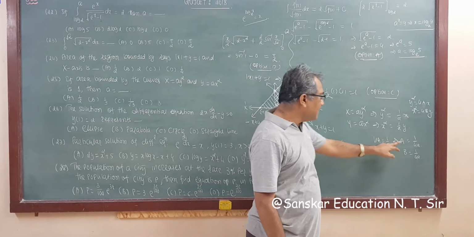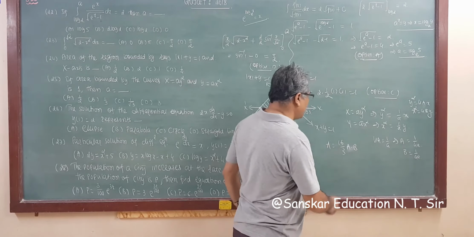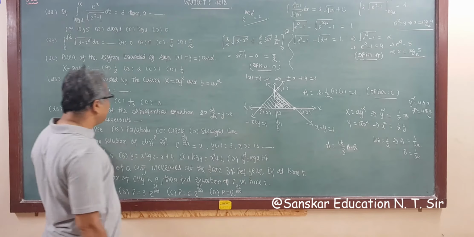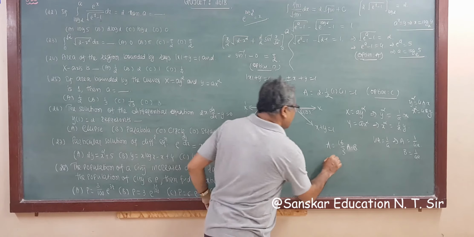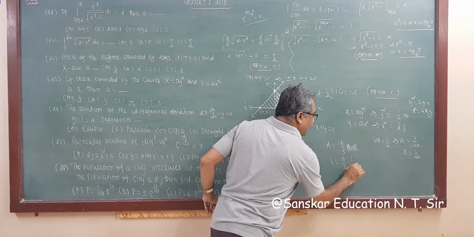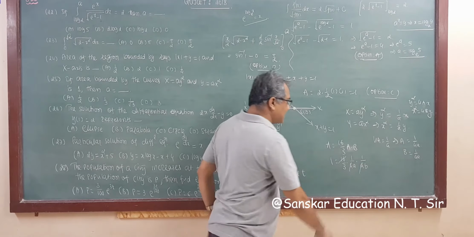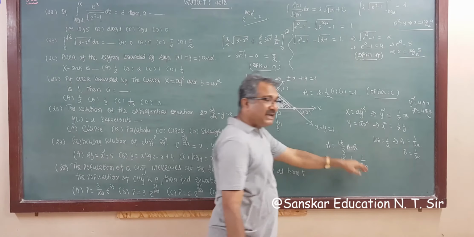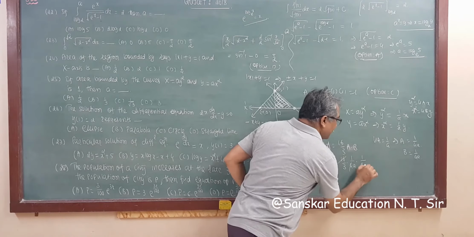Now A is 1 upon 4a and B is 1 upon 4b. Substituting these values, and the area is given as 1 unit, so 1 is equal to 16 by 3 times 1 upon 4a times 1 upon 4b. The 4s cancel. But a and b are the same here, so we write a here.